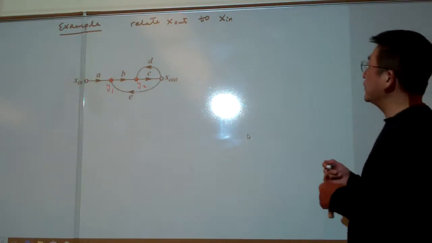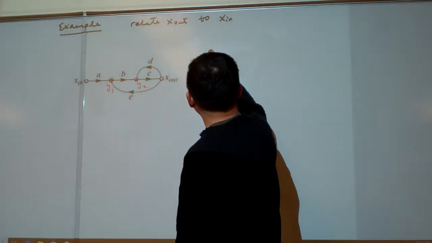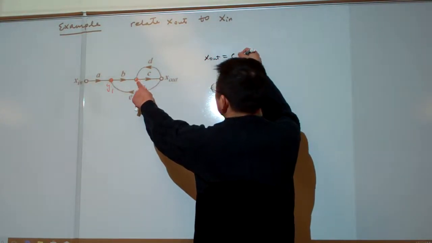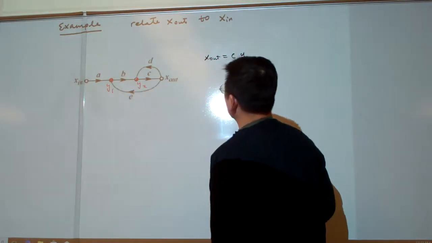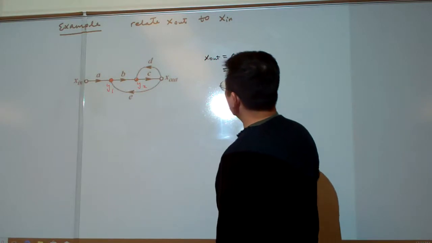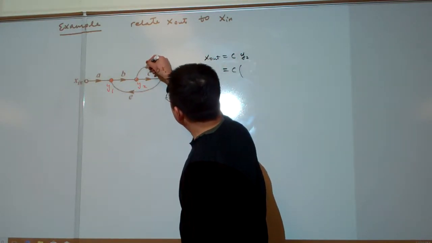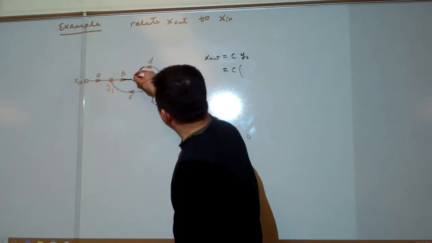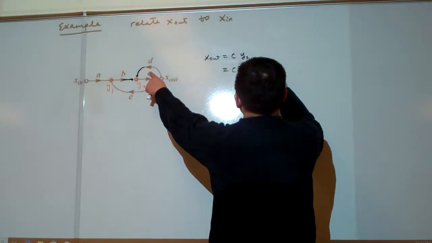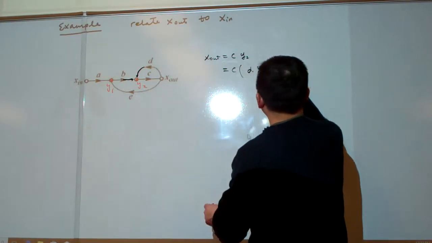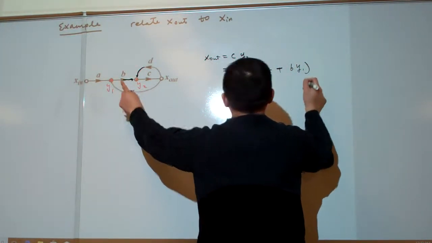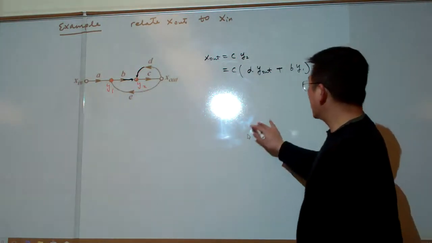So for this example here, we can see the X out will be equal to C times this node that we call the Y2. Okay, and again from here the Y2 will be equal to how many branches? One branch and one branch here. So that means the first branch is D times Y out plus B times Y1. Okay, and again we can keep writing.